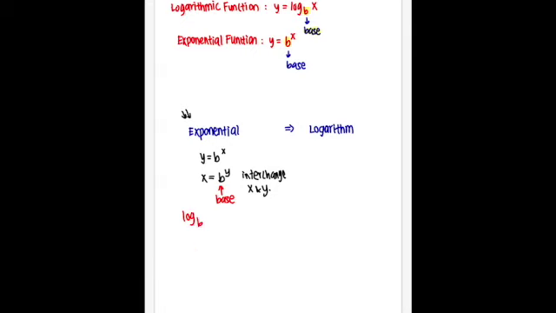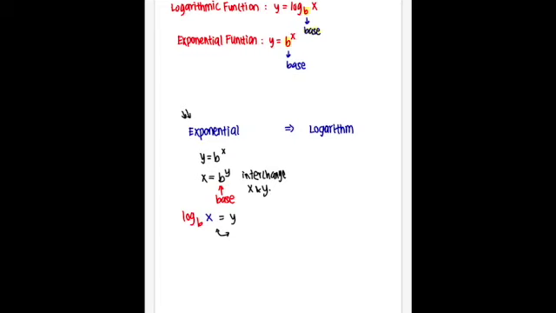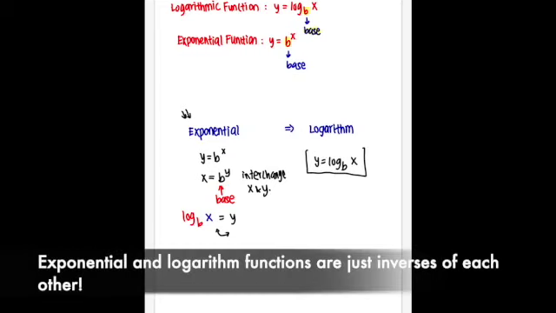The main thing is to remember the position of the x and y will interchange. Initially b is with the y, so now the x will be with the b instead, and this whole thing equals y. As you can see, x and y actually change position. Hence you get a logarithm function, and they are actually inverses of each other.